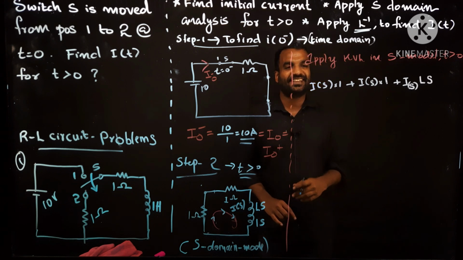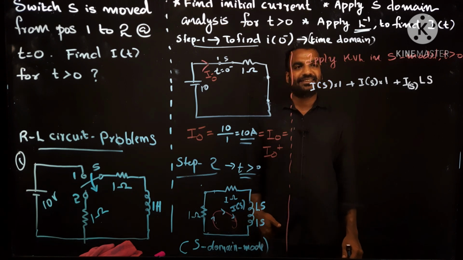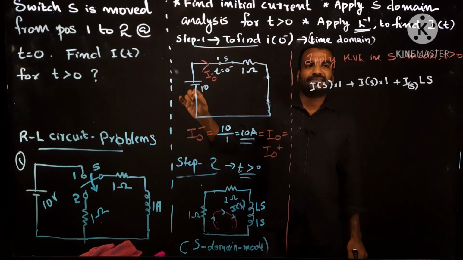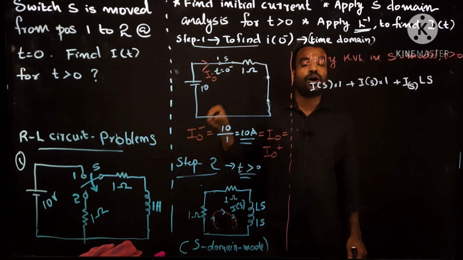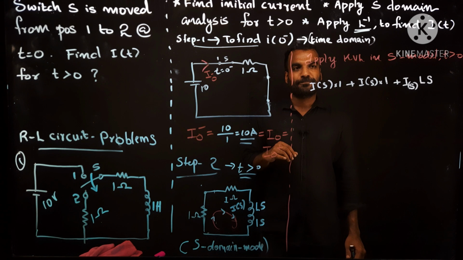Is there anything else? I made a small mistake here. Please revise. In today's class, in the first session, I told you how we can represent an RL circuit in S domain.